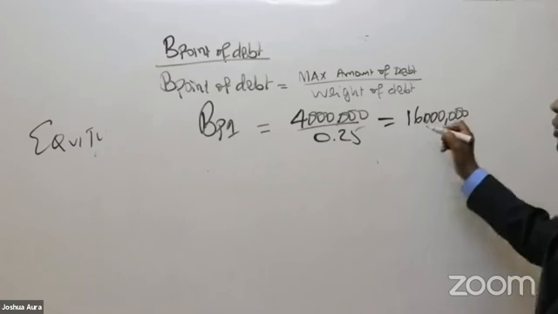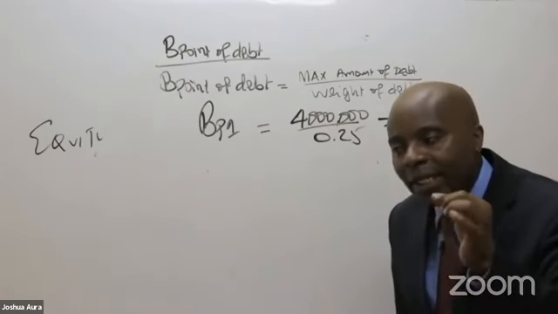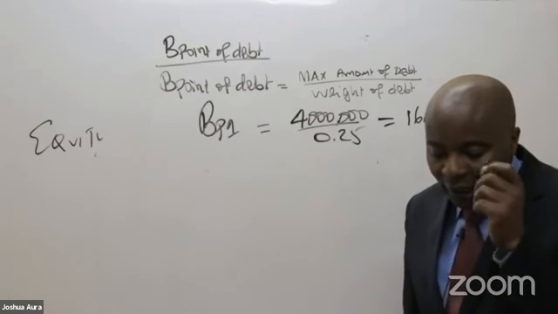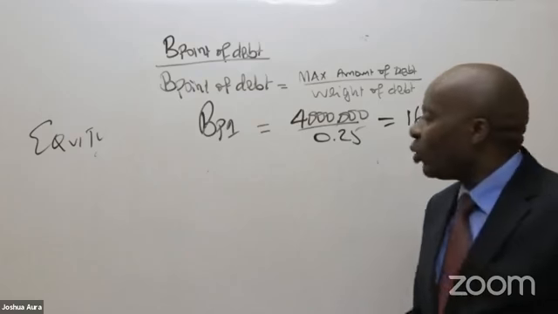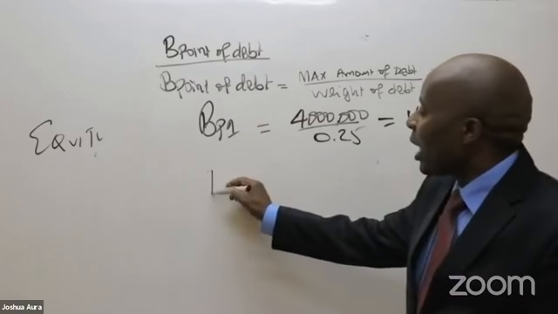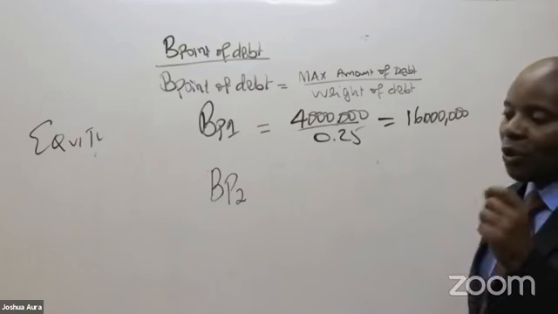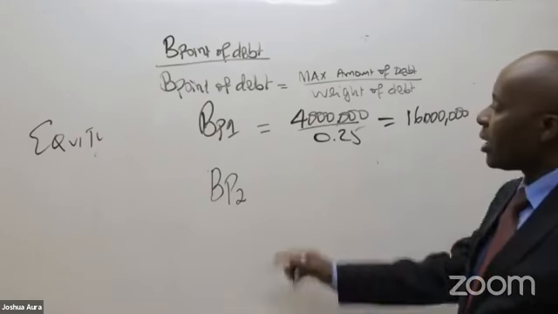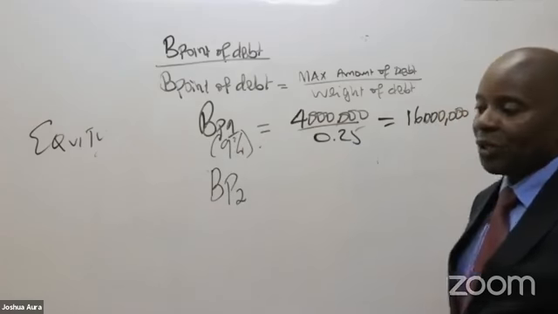Now, ladies and gentlemen, I can see I've got more than one debt instrument. I have this 9%, and I can see I've got another debt instrument of 12%. So I would want somebody to take a step of faith and give me the second breakpoint of debt. This was from the instrument whose coupon rate is 9%.